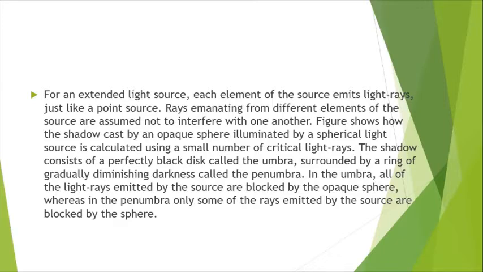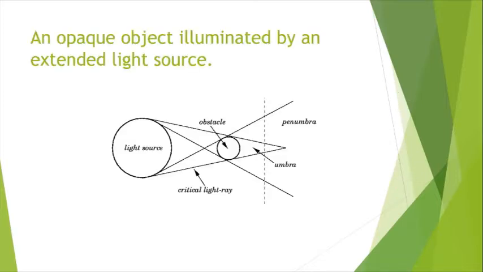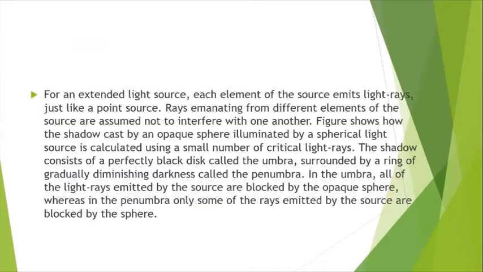The figure shows how the shadow cast by an opaque sphere illuminated by a spherical light source is calculated using a small number of critical light rays. The shadow consists of a perfectly black disc called the umbra. Makikita natin since may obstacle siya, then meron pa ring light source, yun yung umbra.